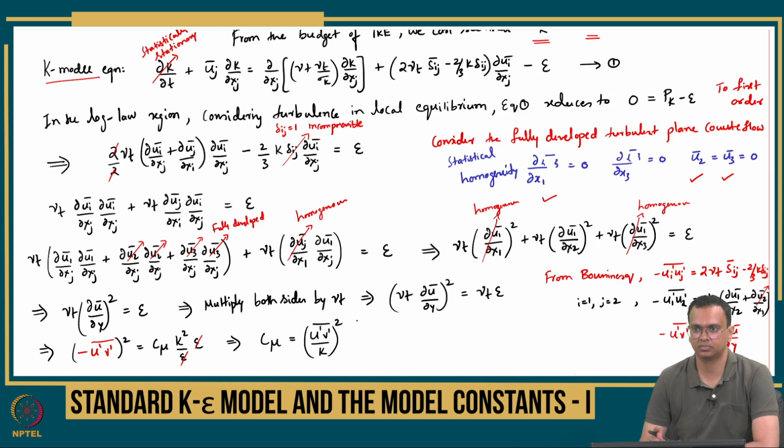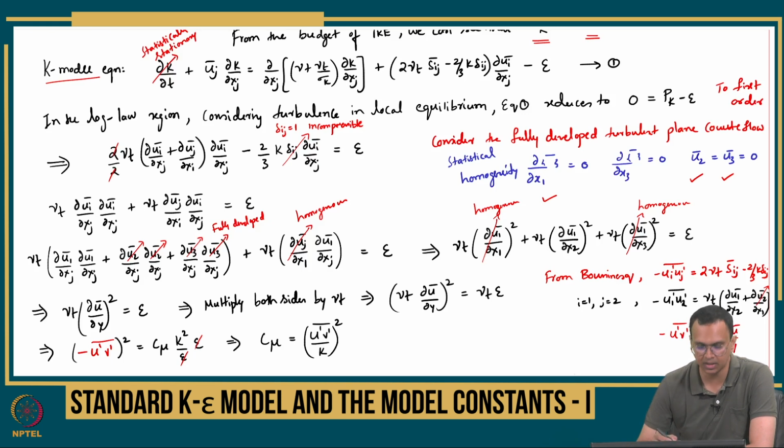The whole idea of doing all this is that in experiments it is much easier to measure the quantities present in the logarithmic zone, especially the correlation term. U prime v prime over bar is easier to measure, and turbulence kinetic energy you can get from the three normal stresses.